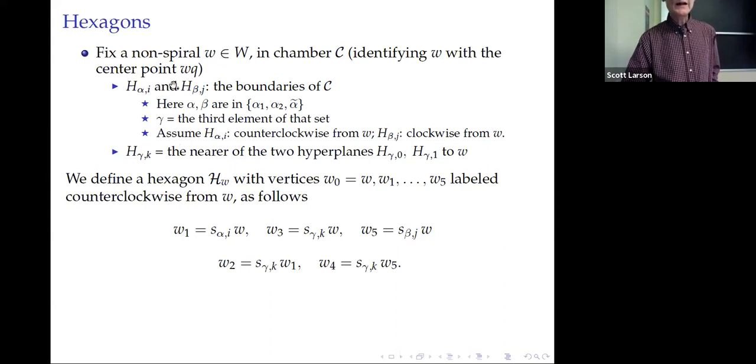I'll explain this procedure on the next slide. You don't really have to pay attention to it too much now, except to understand that it's a quite explicit way of getting these vertices. It's not that we just hope that we can get 6 vertices. Okay, I'll tell you how you get them on the next slide.